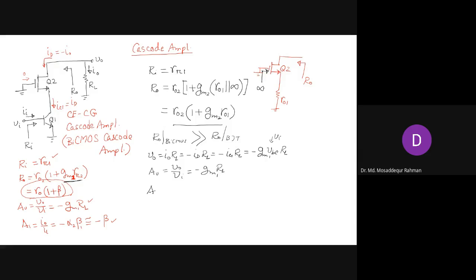The current gain also would have alpha, but it will not, because the same current is flowing, so it will just be minus beta.